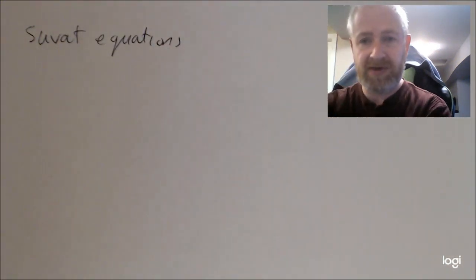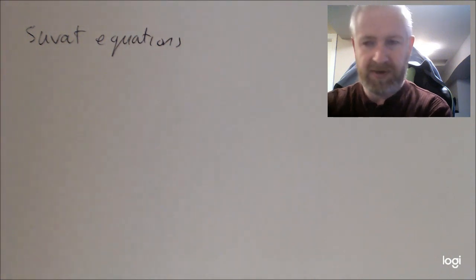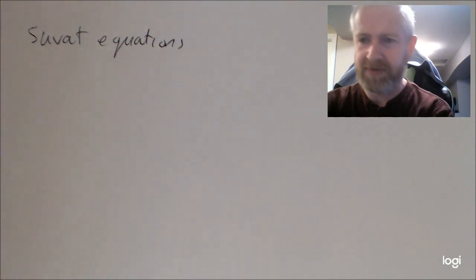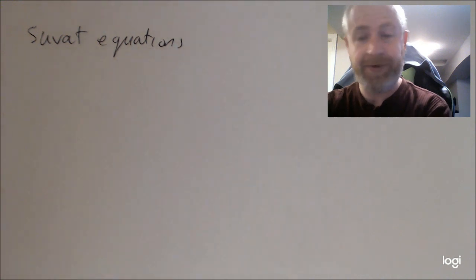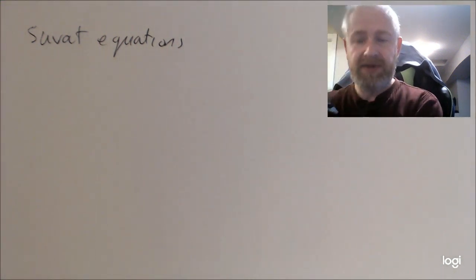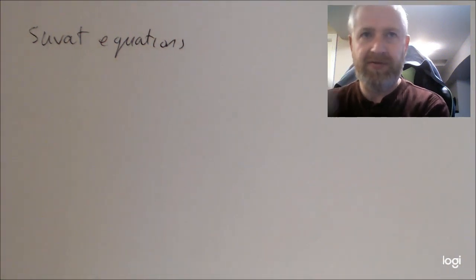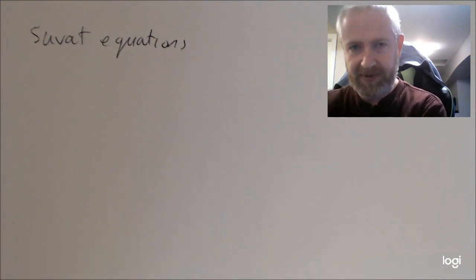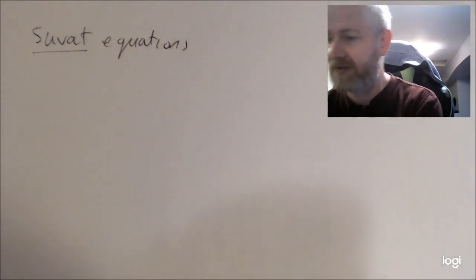So we met the Suvat equations, and they were ways to calculate missing things, be it the initial velocity, final velocity, acceleration, displacement, or time. So, hence the name Suvat.